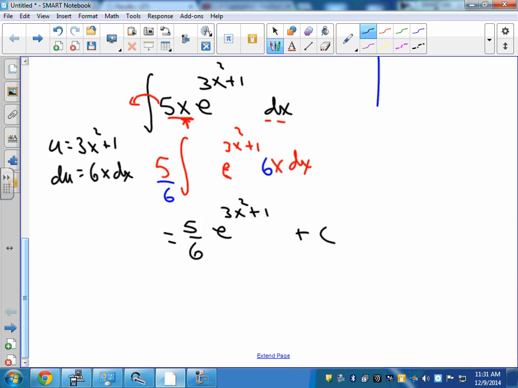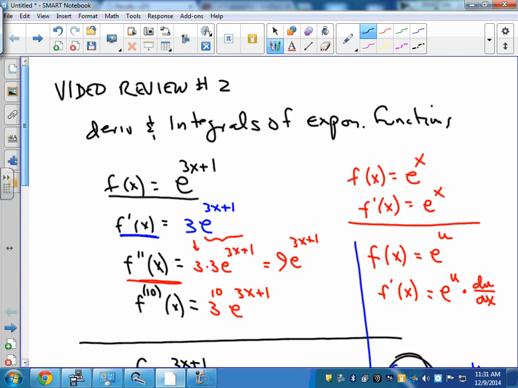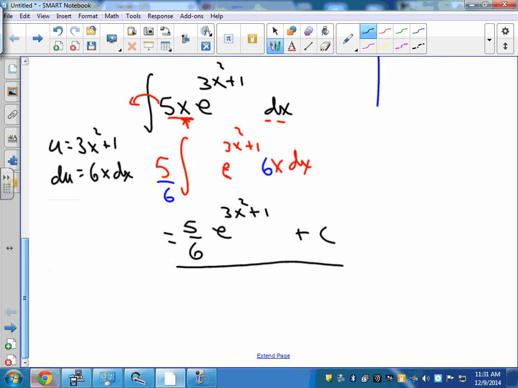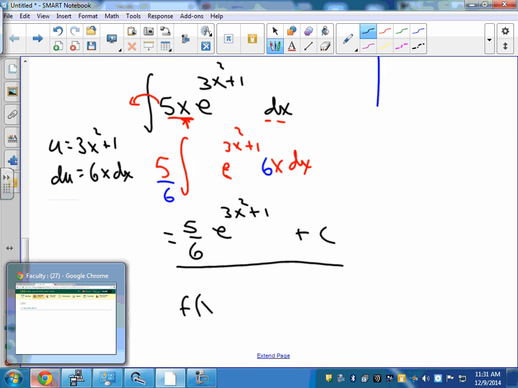Okay? Now, whenever you're doing integration, you can check. If I gave this to you earlier up in the page, way up here when we were doing derivatives, say I gave you this as a function to take the derivative of, 5/6 e to the 3x squared plus 1 plus any constant.